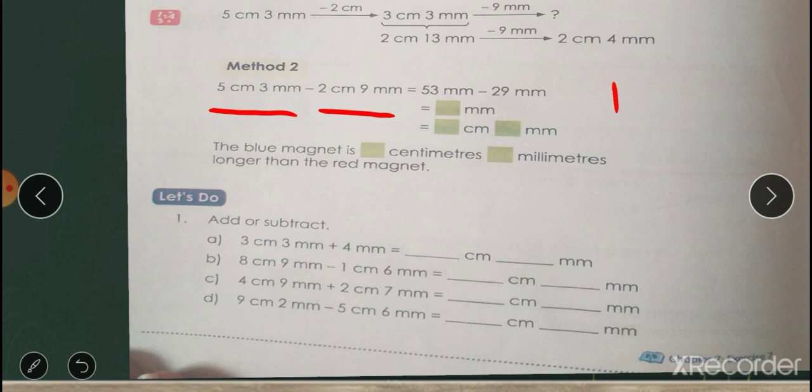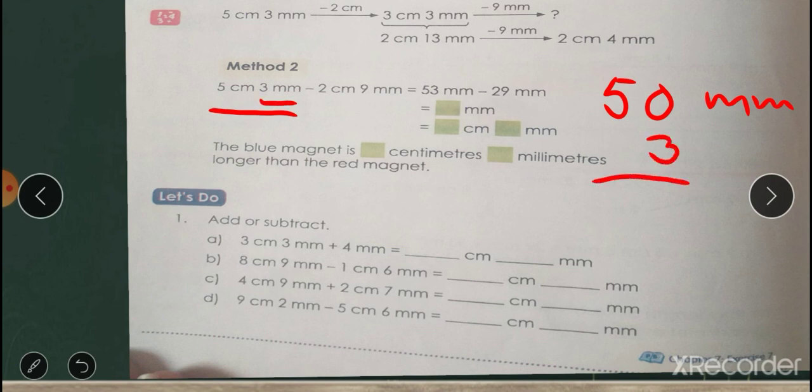As we know, 1 centimeter equals 10 millimeters. So 5 centimeter equals 50 millimeters, and we have 3 millimeters. If we add 3, we would get 53 millimeters. So here is 53 millimeters.